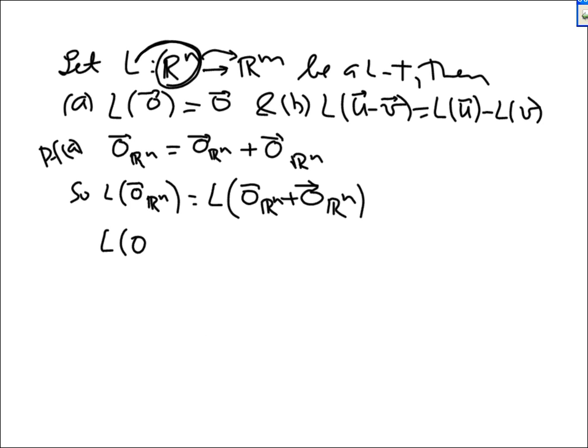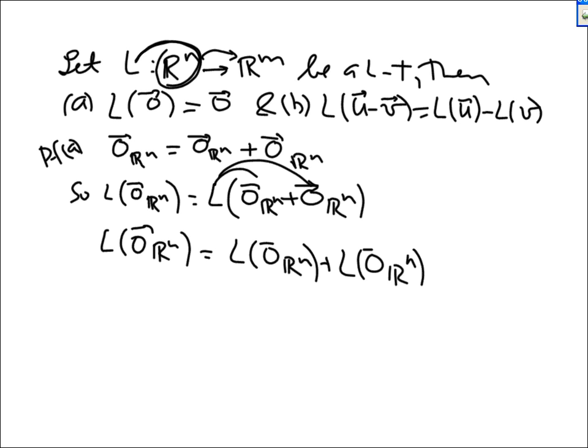So L of the 0 vector in Rn is equal to L of the 0 vector in Rn plus L of the 0 vector in Rn.